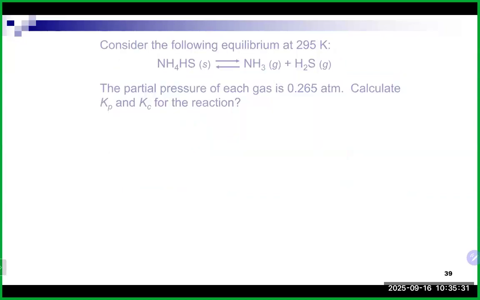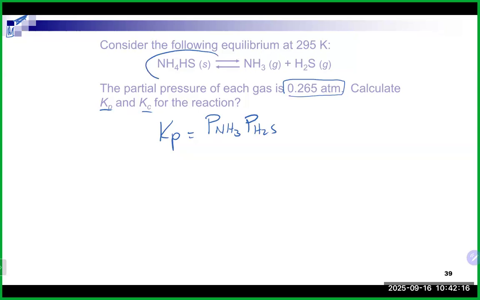All right, let's try one more here. Consider the following equilibrium at 295 K. The partial pressure of each gas present is 0.265 atmospheres. What is the Kp and Kc for this one? So give it a go. Given pressures, it would make sense to start with the Kp. So we'll start with the expression here. My Kp would be the partial pressure of NH3 times the partial pressure of H2S.